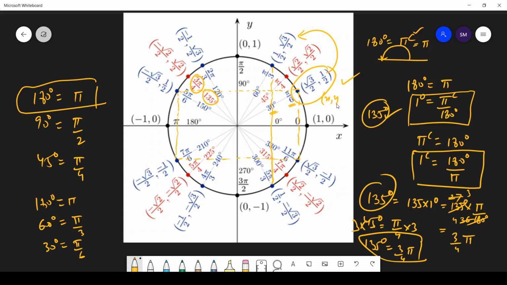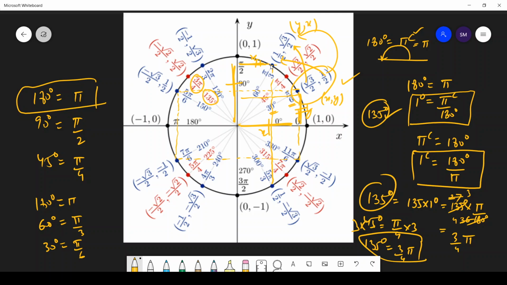Here the coordinates were x, y, and because of this triangle, this y coordinate has become the x coordinate here. So this side is equal to this side, and the coordinates are interchanged: xy becomes yx.